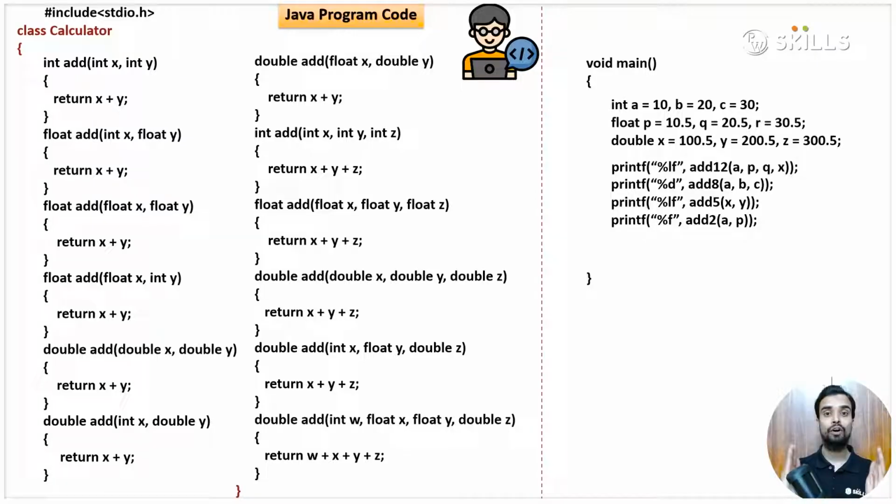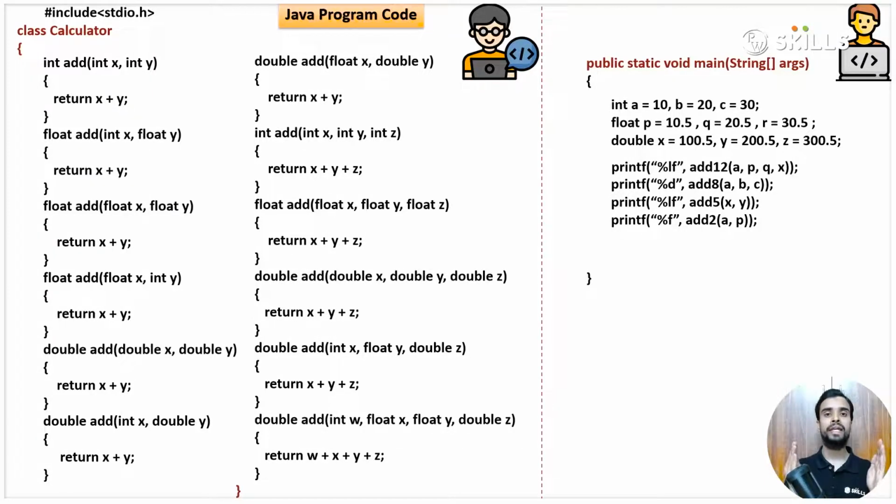Now, speaking of the other developer, 100% this time his program also should be converted into Java code. Starting from, in Java, as all of you are aware of the signature of the main method, it is not simply void main. In fact, it is going to be public static void main of String array args.